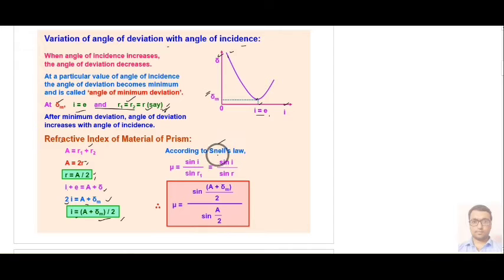Now according to Snell's law, mu equals sin I upon sin R1, or sin I upon sin R. So now we replace the value of I with A plus delta m by 2, and the value of R with A by 2.